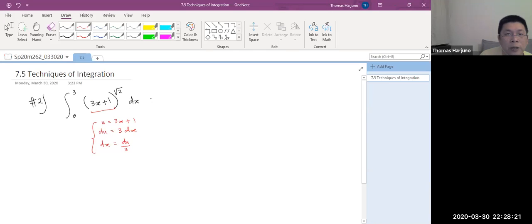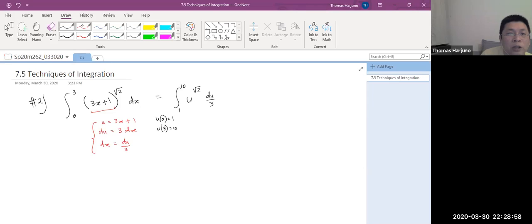Let me go to the right. So this will be equal to the integral when I plug in 0, that equals 1. When I plug in 3, that equals 10. So the lower limit of integration is 1, the upper limit of integration is 10. 3x plus 1 now becomes u to the power of square root of 2, du over 3.